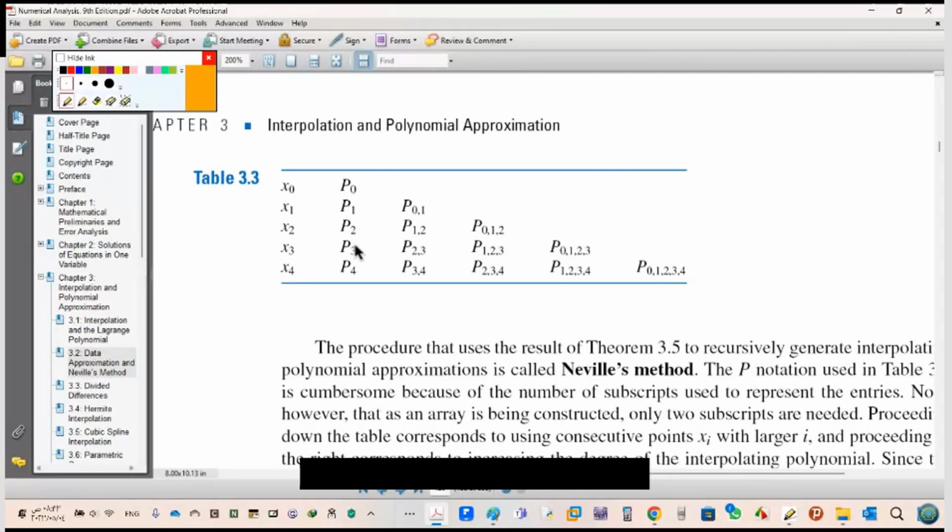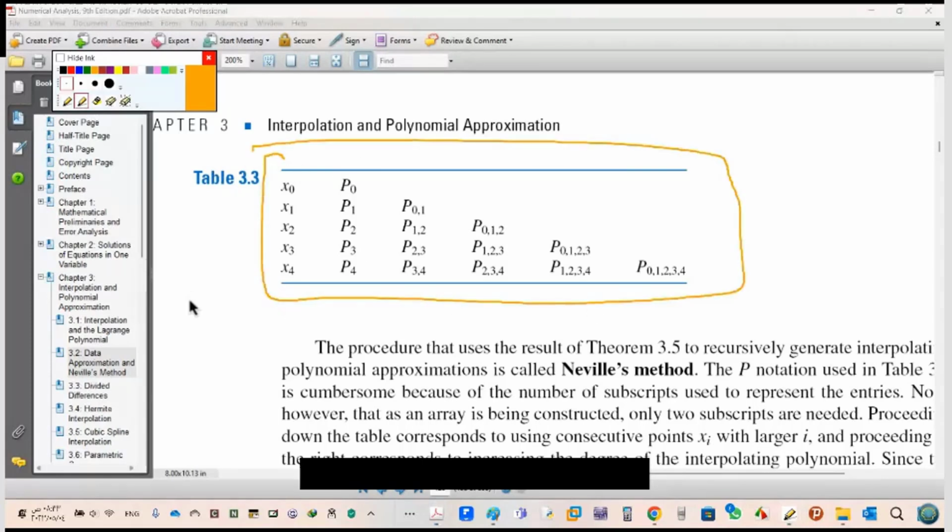For example, see the Neville table. We have 2 columns. First of all, we have to make a table like this. Here, how many values for x and y? 1, 2, 3, 4, 5 values.